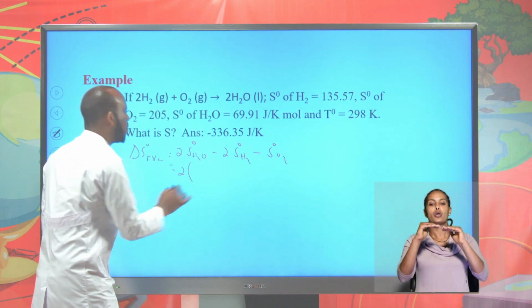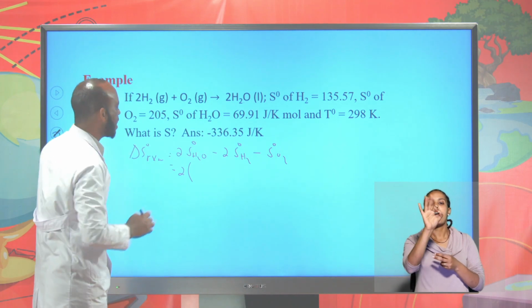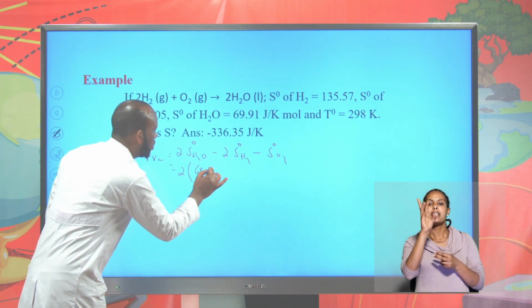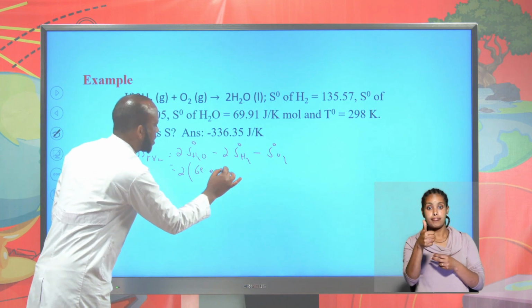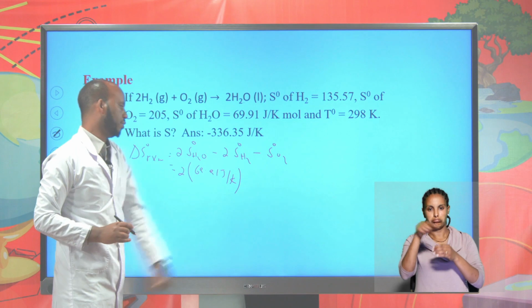Equals 2 times molar entropy of water, which is 69.91 joule per Kelvin. Mole will be cancelled by mole.